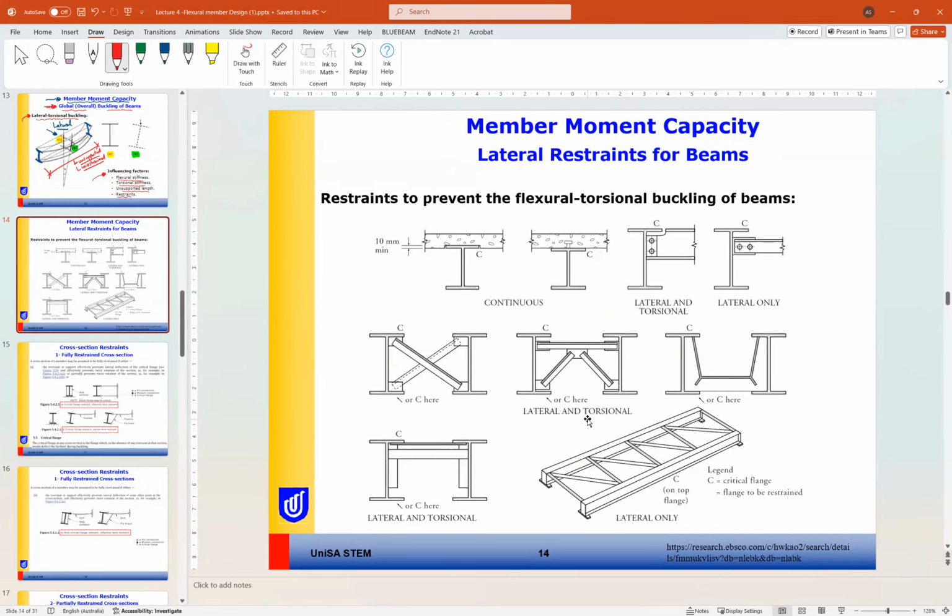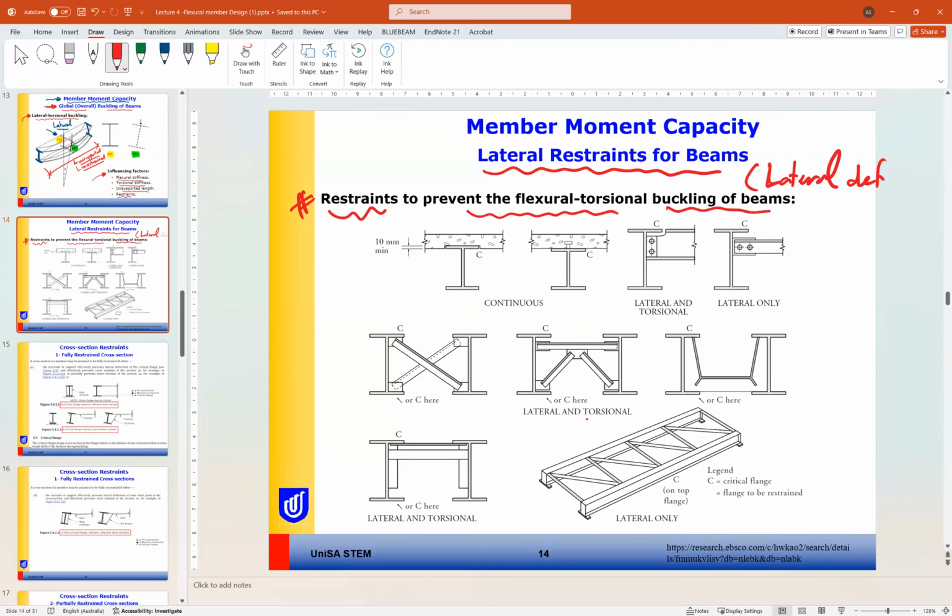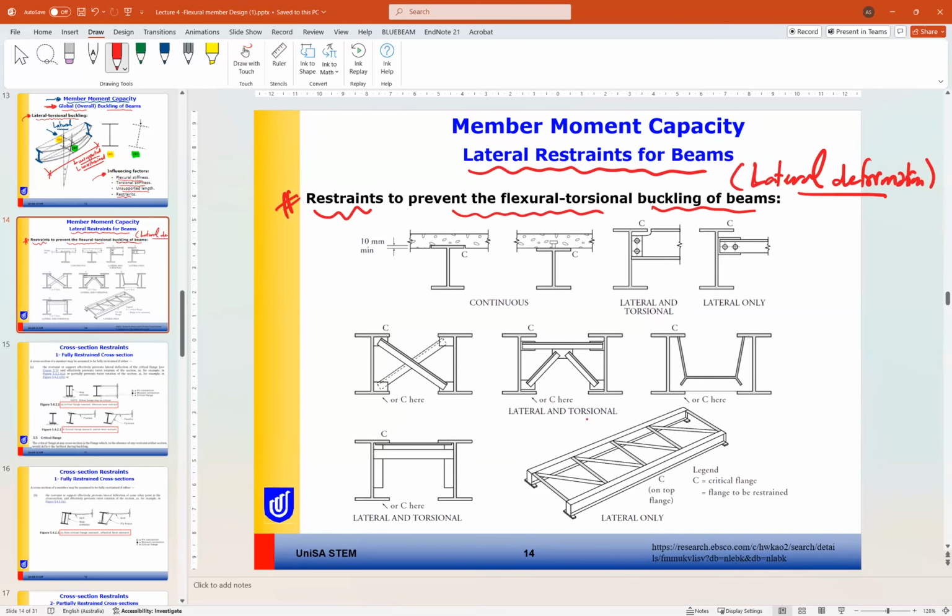And in this slide, these are some examples of the lateral restraints that can be provided for the beam. The main role of the restraint is to prevent the flexural torsional buckling of the beams, or in other words, the lateral deformation of the beam. So in beams, we are worried about the lateral deformation because the lateral deformation causes the flexural torsional buckling, or lateral torsional buckling.